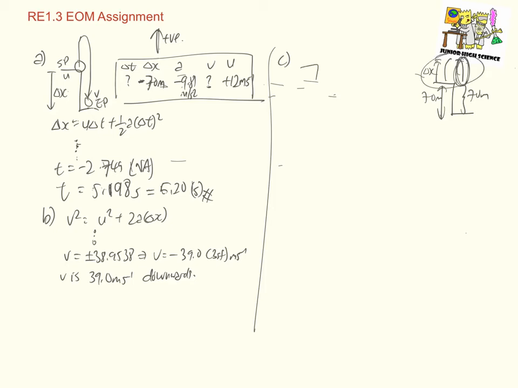So let's go about to find this height over here. Therefore, I need to redraw a new diagram. This will be my starting point as per usual, but my ending point will be somewhere here. This is u, this is v. Recreating the table of quantities, my time interval is unknown. My displacement, it should be an upwards displacement. So I need to find this. My acceleration is still the same, downwards, negative 9.81 meter per second square.